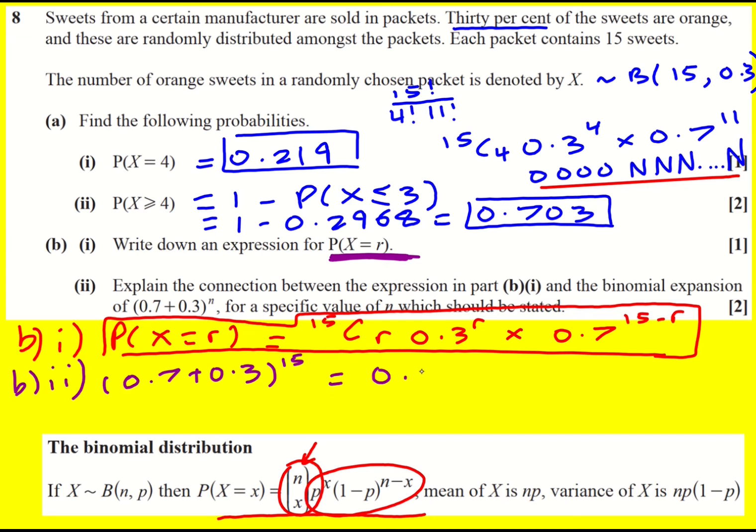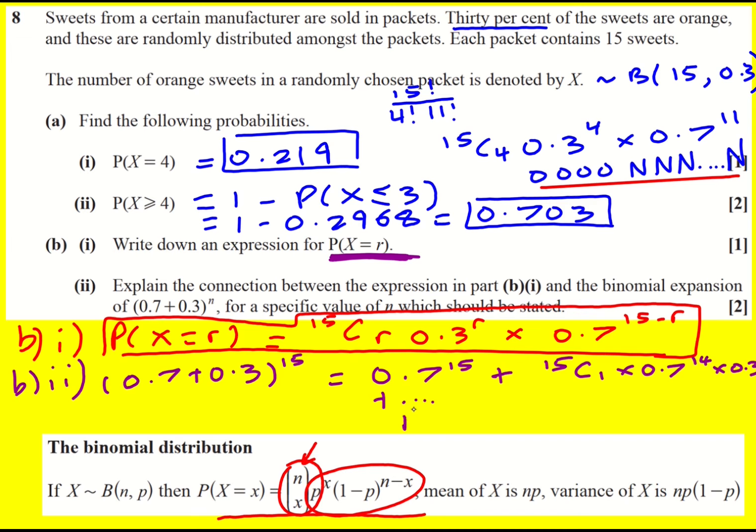Then I could expand this as 0.7 to the 15. You can get out your formula for the binomial expansion if you want, and then it's going to be 15C1 times 0.7 to the 14 times 0.3, and so on.